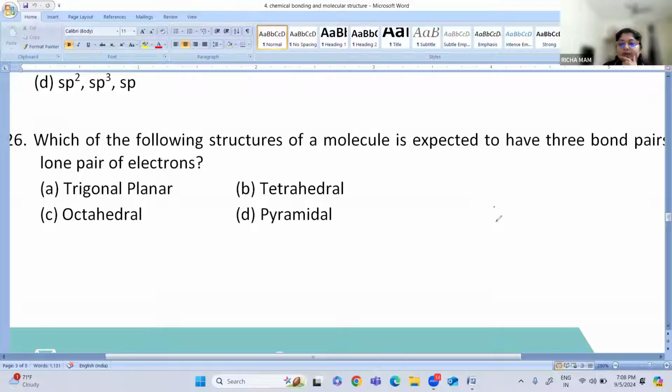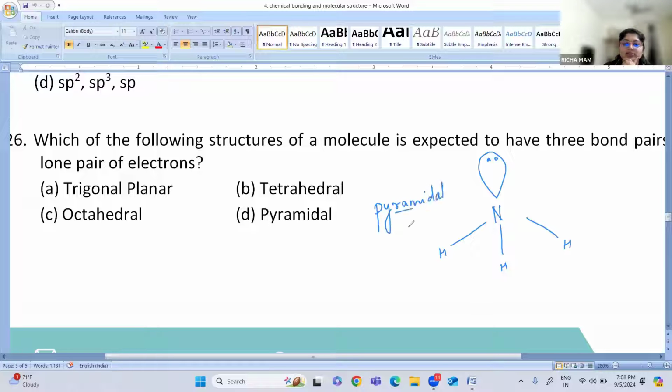Suppose I take ammonia. Ammonia is having 3 bond pairs, that is 3 NH bonds, and is having 1 lone pair. So this structure is called a pyramidal structure.